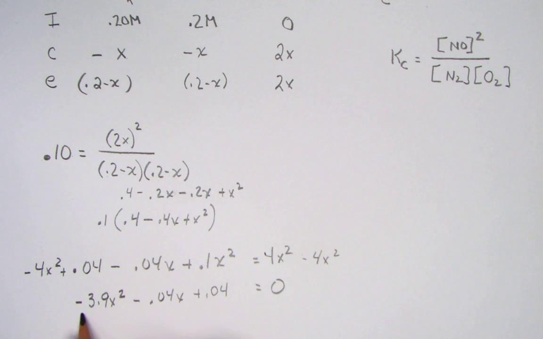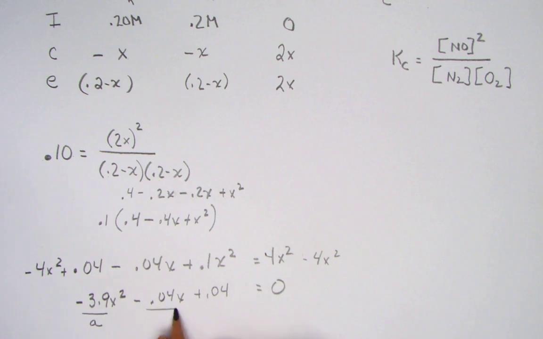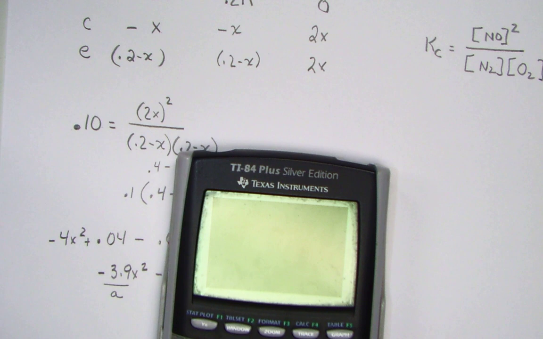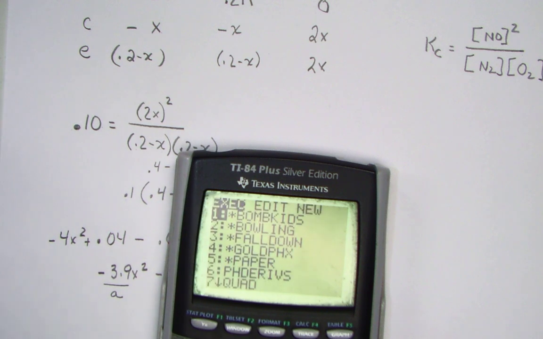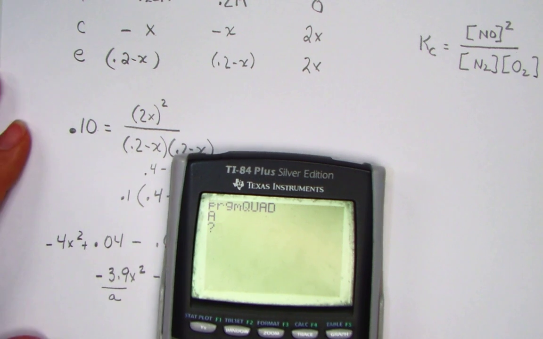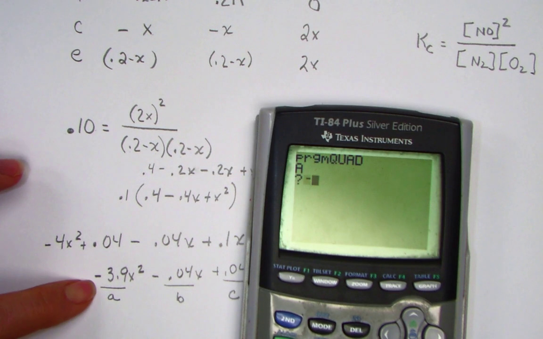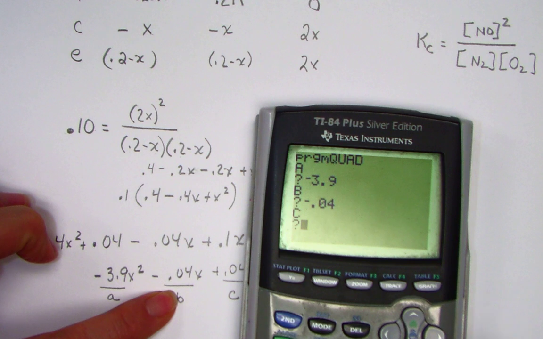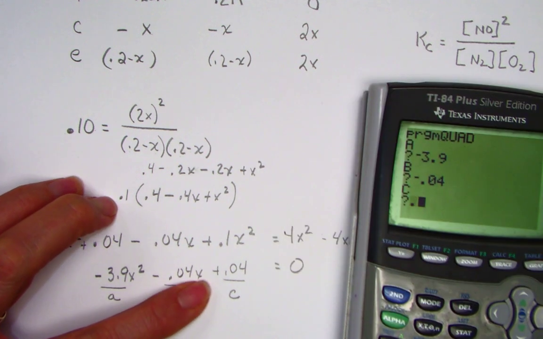We now have come up with the terms for the A, the B, and the C for our quadratic formula. Again, I just used the program for the quadratic formula. Under Programs, it's my quad, and it's going to ask me to type in the value of A, B, and C. Negative 3.9 is the value for A. Negative 0.04 is the value for B. And the value for C is positive 0.004.